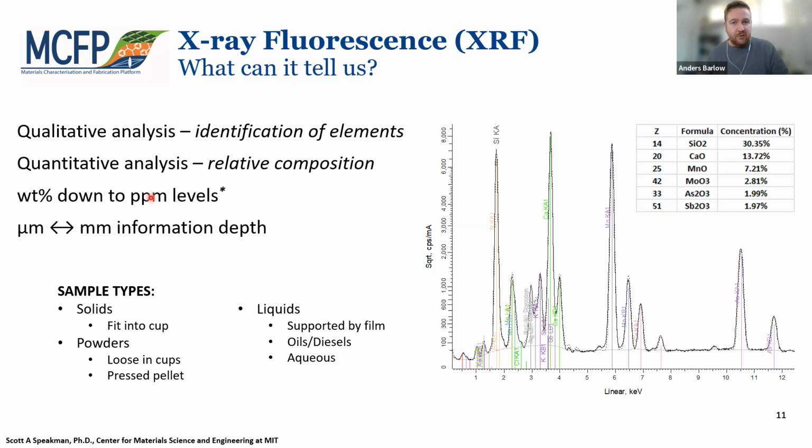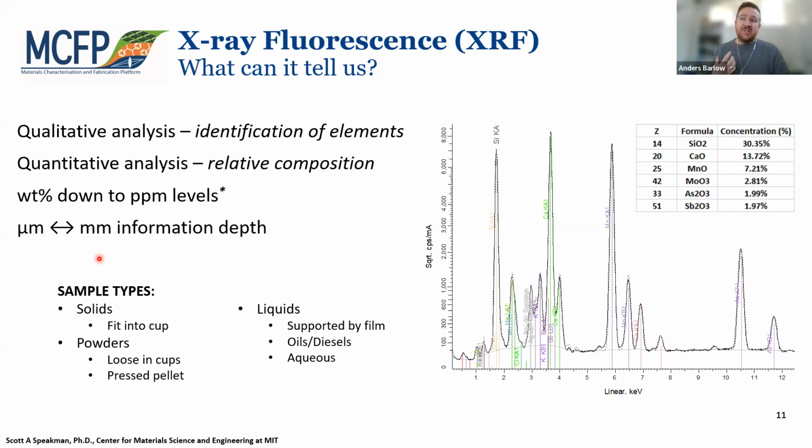Now, ppm levels, again, with energy dispersive XRF, it really depends on your sample preparation. It depends on the elements that you're actually talking about. ppm detection maybe is a bit more for wavelength dispersive XRF, but the capability is there depending on how you've prepared your sample and what we're looking for.